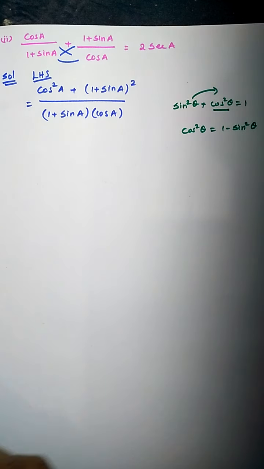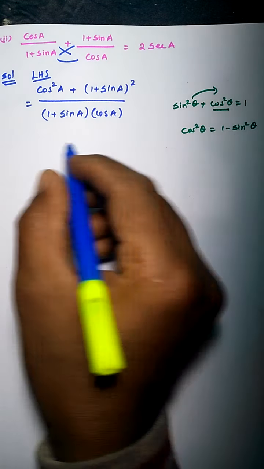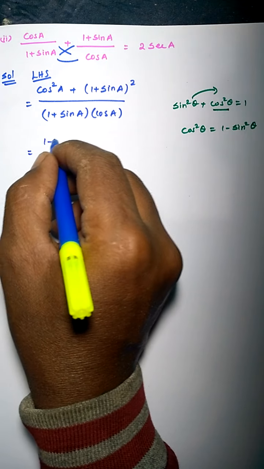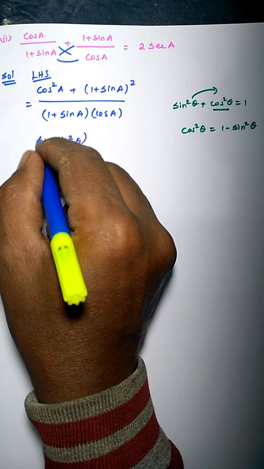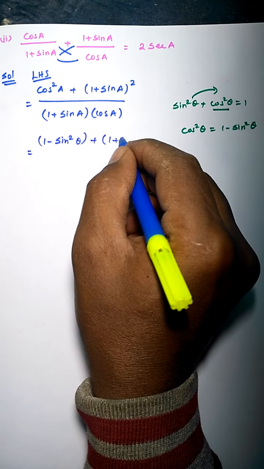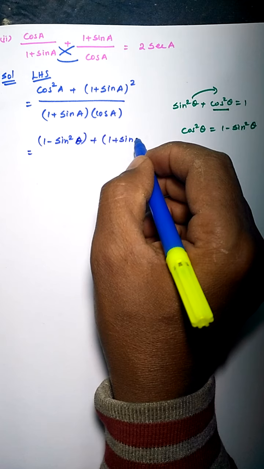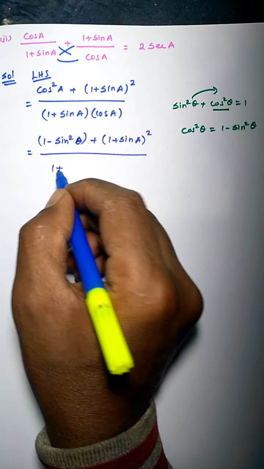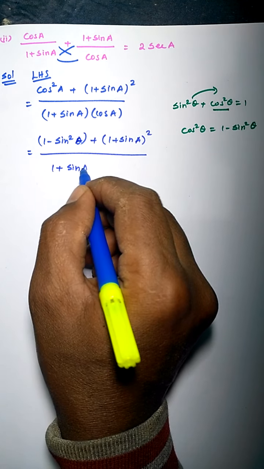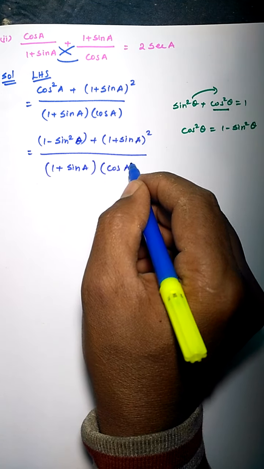When you use this identity, instead of cos square a you can apply this. So you will get (1 minus sin square a) plus (1 plus sin a) whole square, by (1 plus sin a) into cos a.